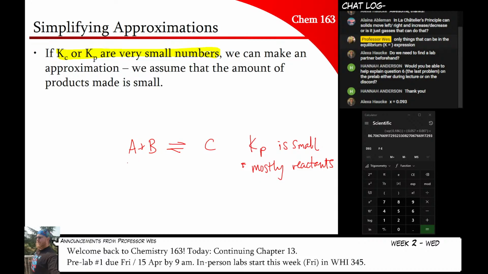And if it's small enough, eventually when I do my ICE table and I get to my result, I'm going to have something like this, right? So I don't know, 0.1 minus X. If X is small enough, then the result of 0.1 minus X will equal 0.1, but only if X is small.